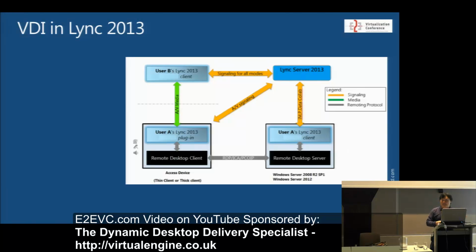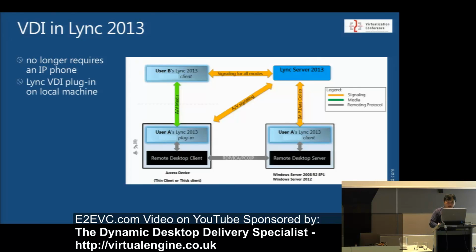So what do you need? You don't need anything except what I've indicated down there, the plugin. Officially, the term is VDI plugin for Lync 2013. And I'll demonstrate all these things, so let me get through the theory. Otherwise, everything else is pretty much the same. In other words, no longer is an IP phone required.